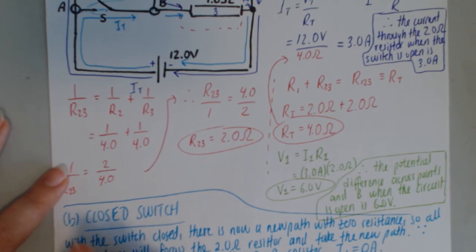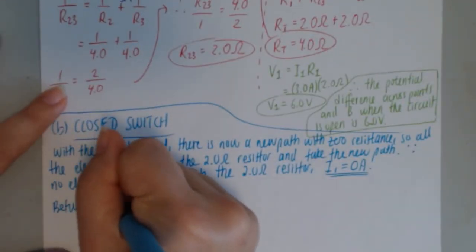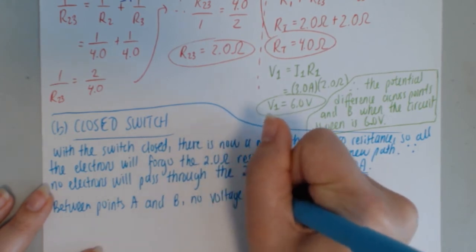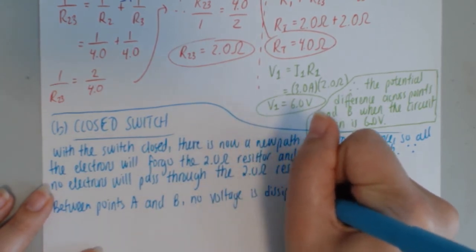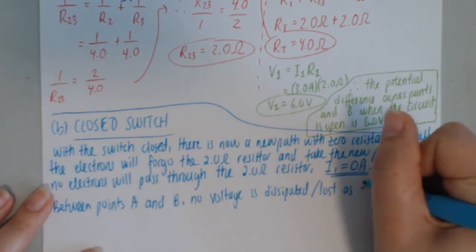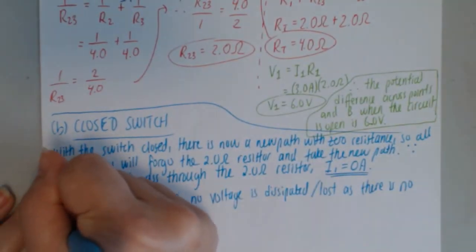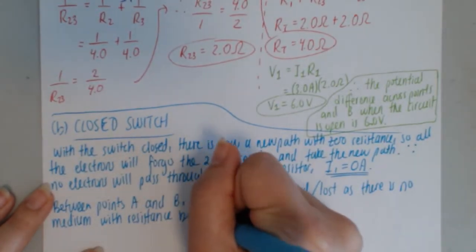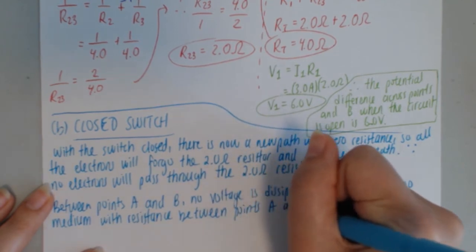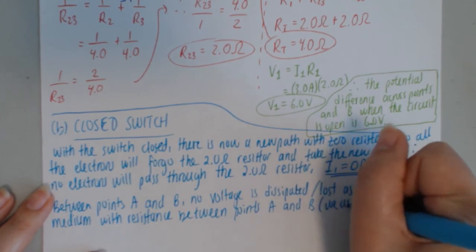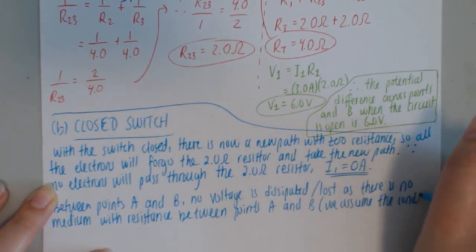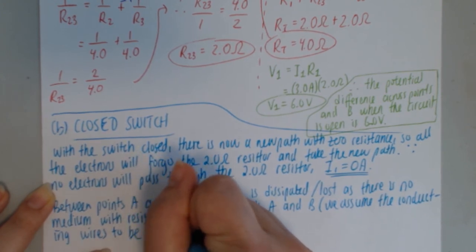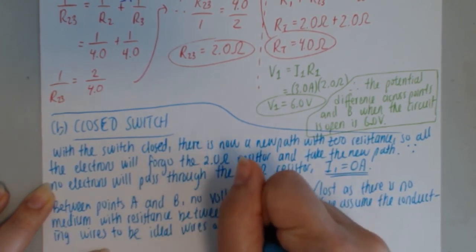Between points A and B, no voltage is dissipated or lost, as there is no medium with resistance between points A and B. And in brackets, we're going to say, we assume the conducting wires to be ideal wires of 0 resistance.